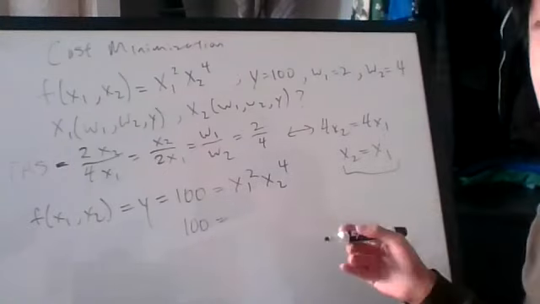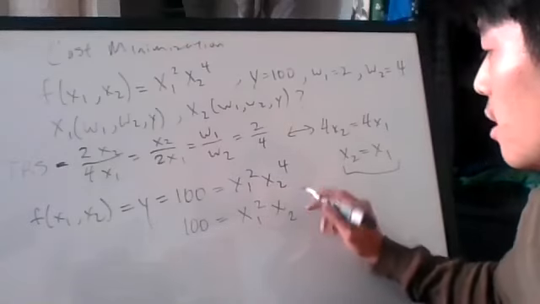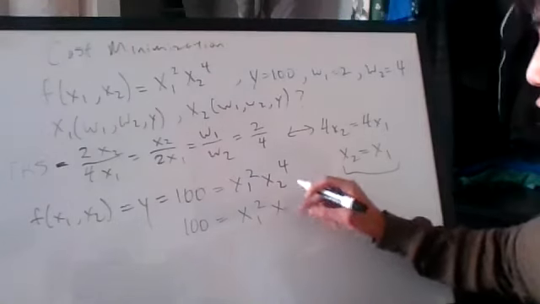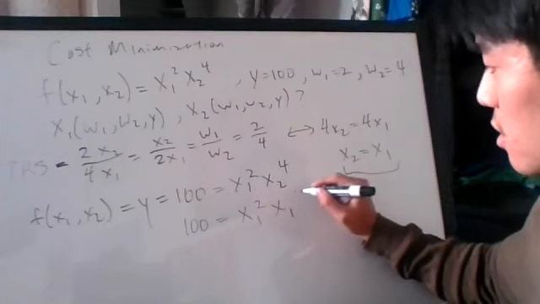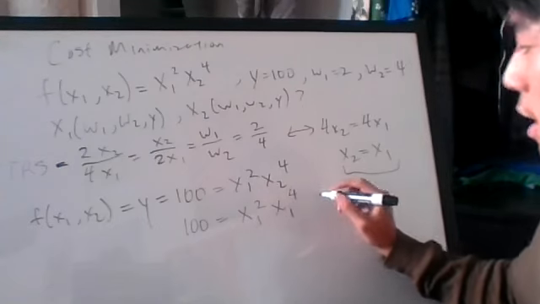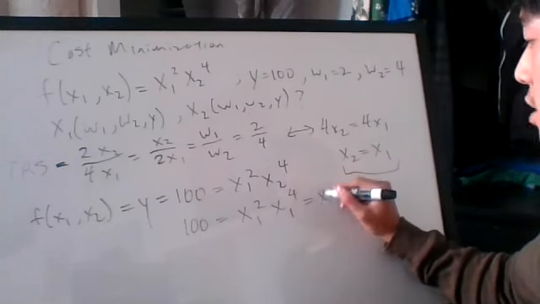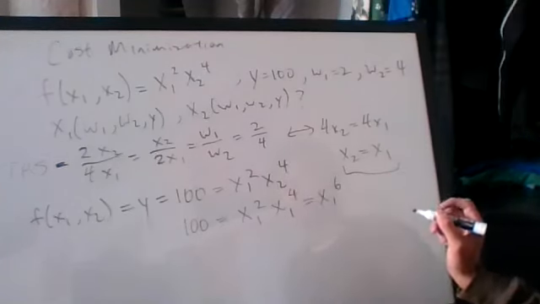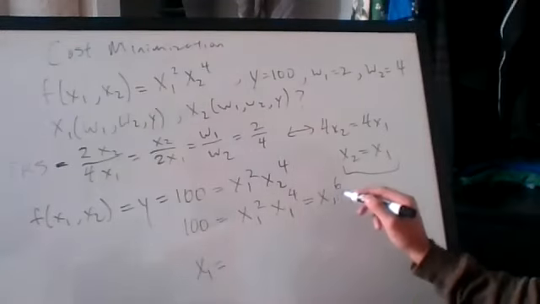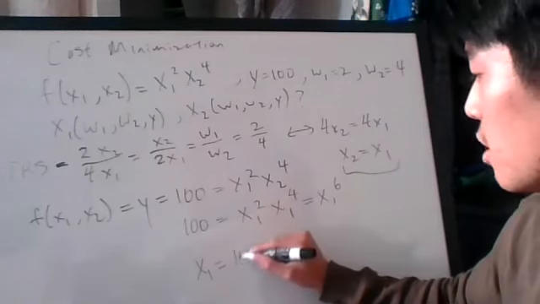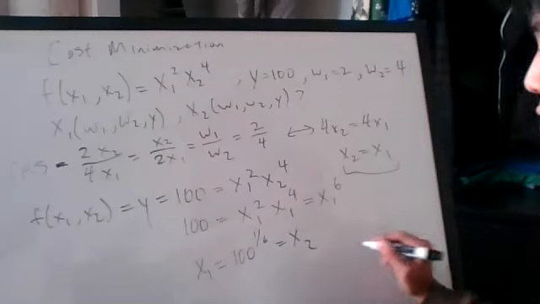It doesn't really matter which. We have x1 squared times x2, but we also know that x2 is equal to x1, so plug that in there, and the exponent stays the same, and we get that this is all equal to x1 to the sixth. So if you were to solve for x1, it is going to be equal to 100 to the 1/6, which is equal to x2.